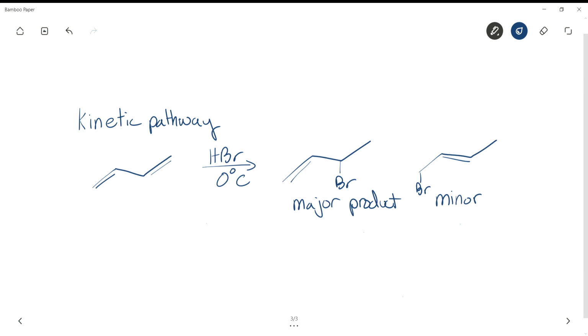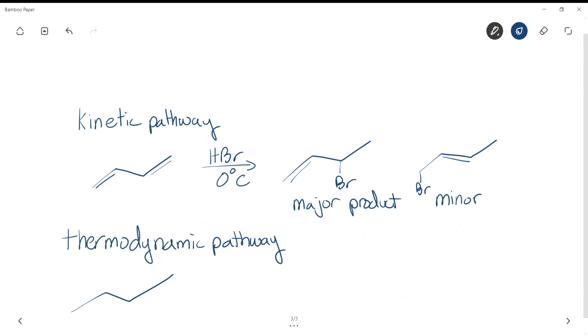Okay, now if you wanted to get major of the 1,4, you would have to go through the thermodynamic pathway. And so to do this, we're going to need energy. The energy is going to come from heat.